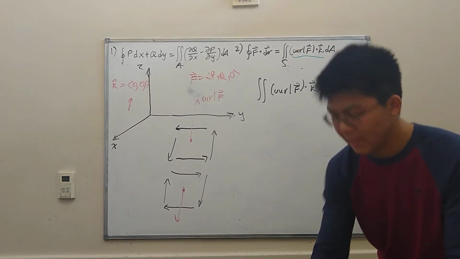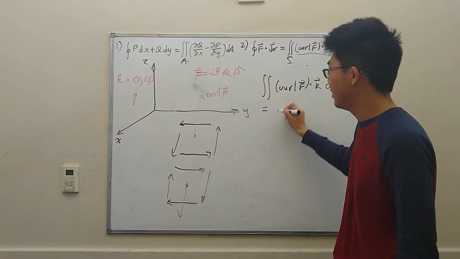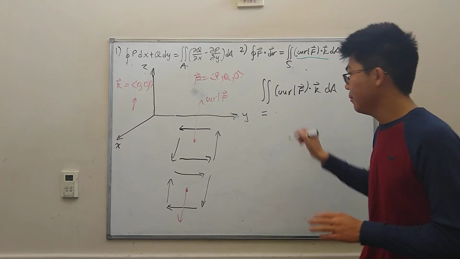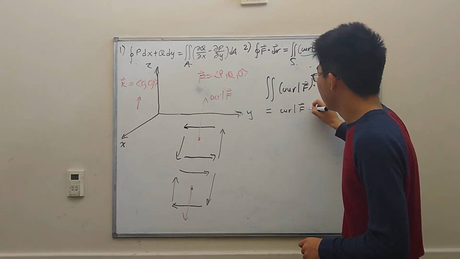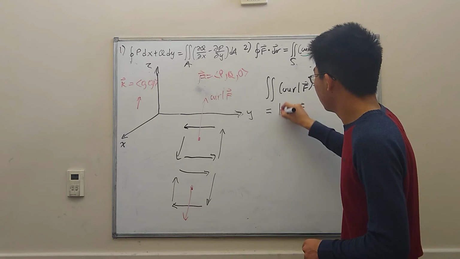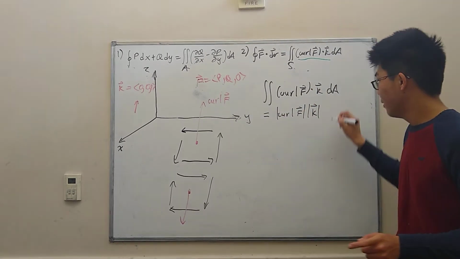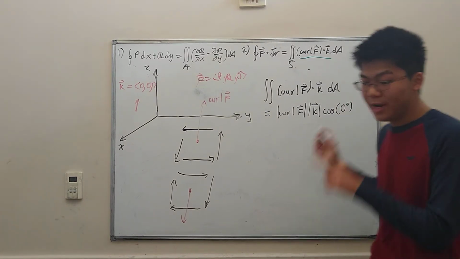So, let's say we sum up the first circulation first. You have this certain vector times k. Now, these two are pointing in the same direction.